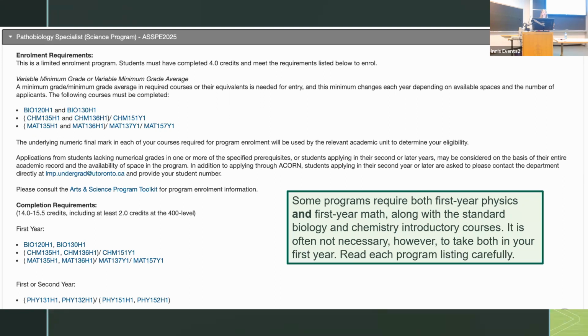And the H course, in almost all cases, is semester-based. So either the fall semester, which is September to December, or the winter term, which is January to April. And with the timetable builder, when we go through it, you'll learn how to know if the course is offered in the first or second semester.